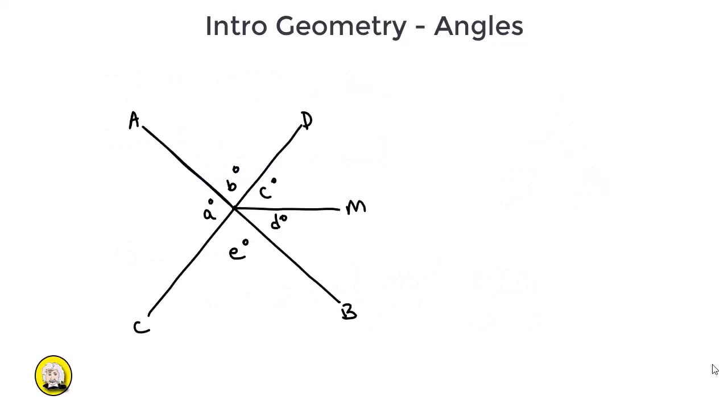Let's put some of these angle theorems to work. Suppose I have the following diagram, where line segments AB and CD are straight line segments, and I have angles A, B, C, D, and E shown. And let's further suppose we know B is 70 degrees, and angle D is 40 degrees.